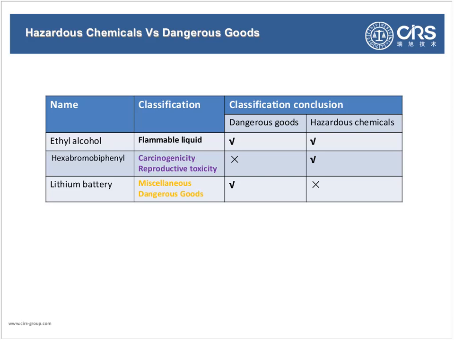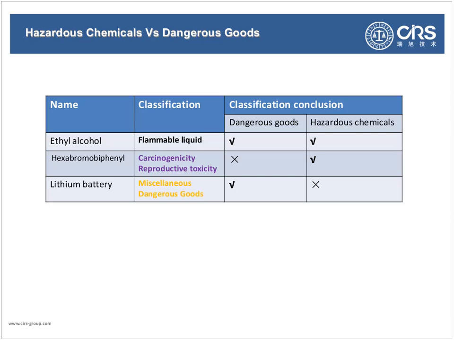Last but not least is the lithium battery. We can see that it only has the classification of miscellaneous dangerous goods, which is part of the dangerous goods classification. This classification is not listed in GHS classification. So this battery can only be regarded as dangerous goods in China.